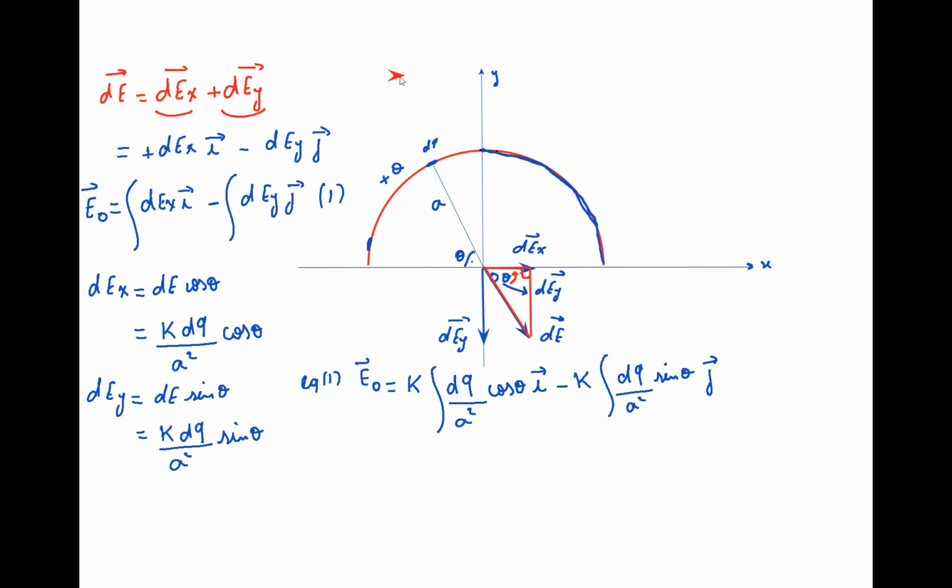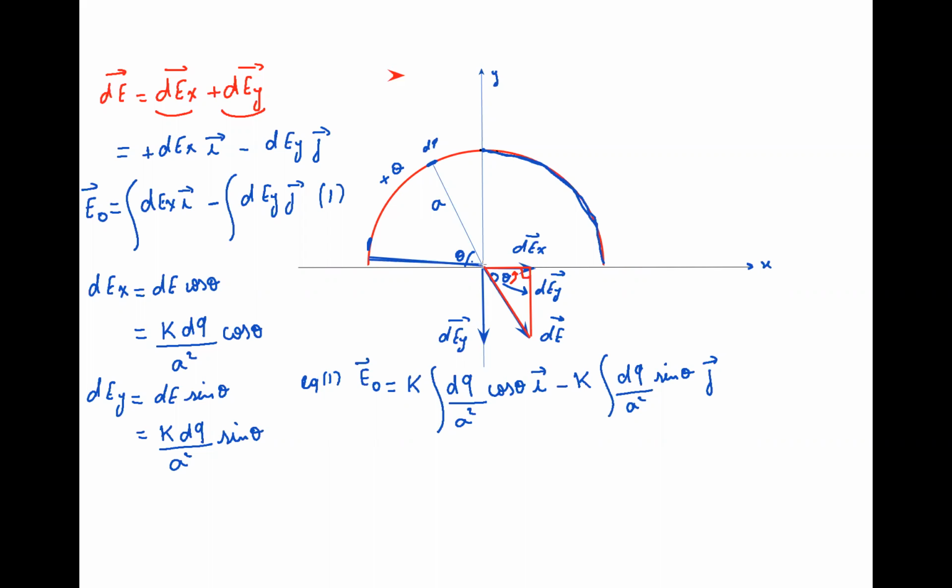You know that A is constant. If you move dQ on the quadrant from one extremity to the other extremity, A doesn't change from here to here to here.